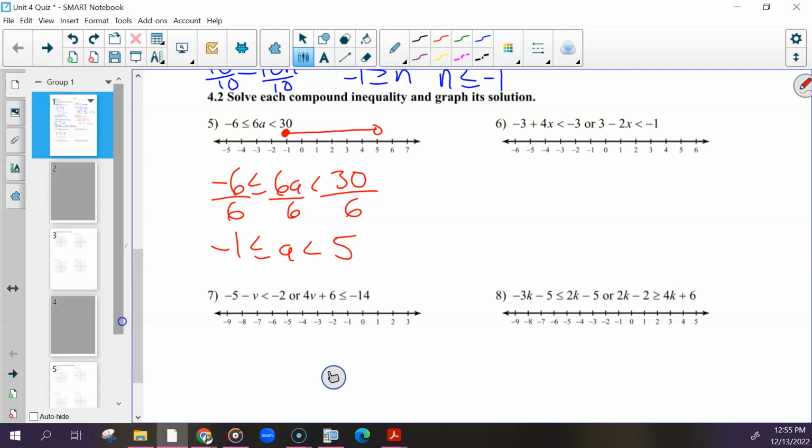Some of you put the arrows, which was fine if you also did this part. If you only did the arrows but didn't show where they overlap, you kind of missed the whole point of the graph. So the arrows are not necessary, the line segment is.